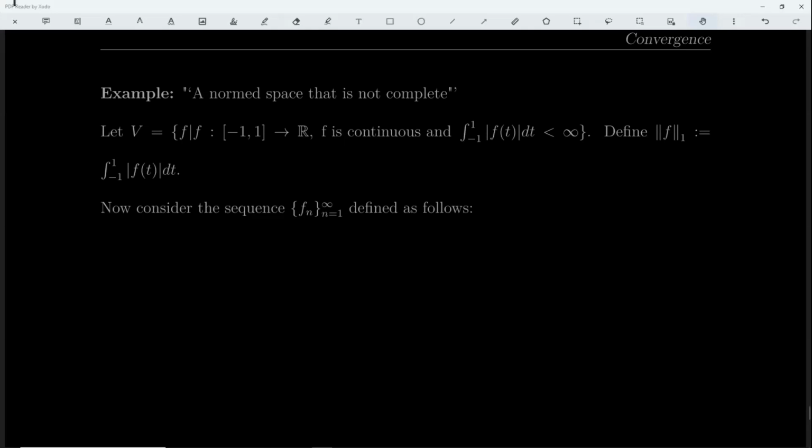Let us define the norm of f as the integral of its absolute value in that interval. And let us consider the sequences fn as follows. So I will start by plotting f1.